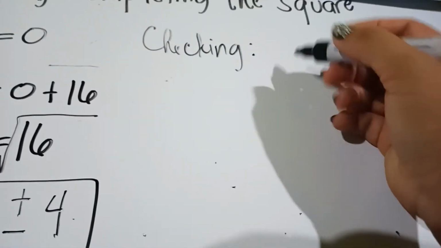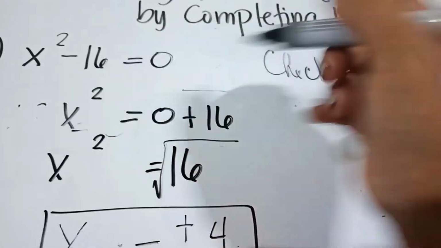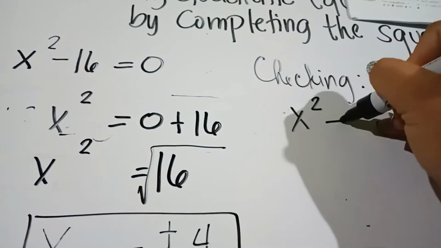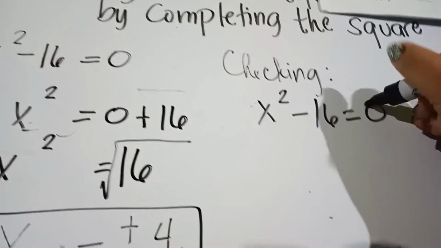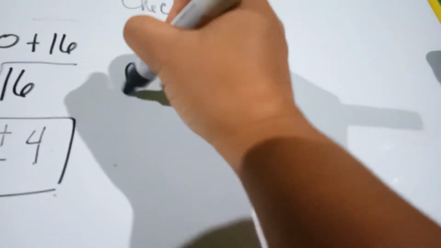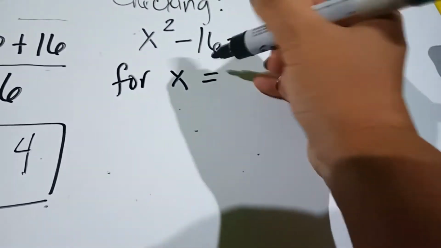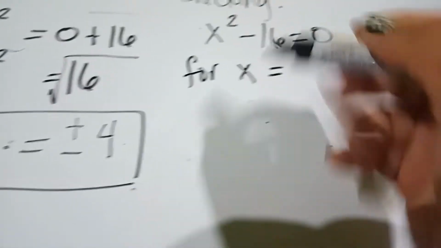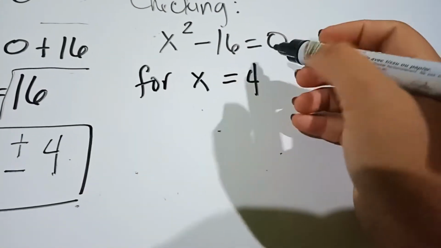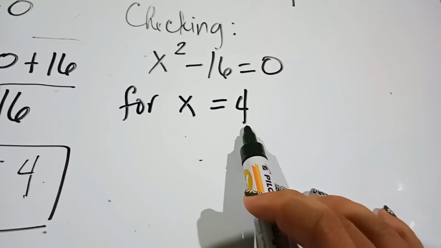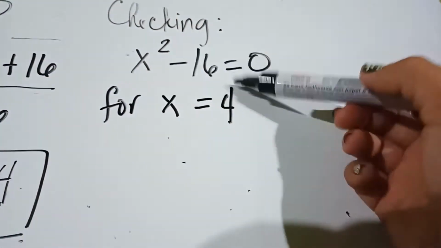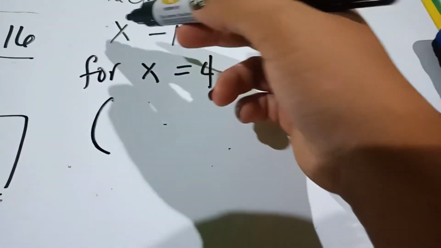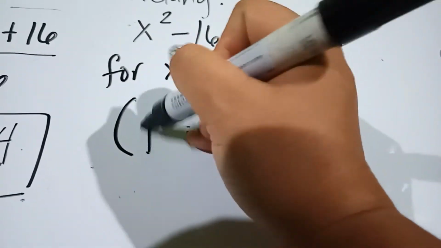So, checking natin, ang ating given is x squared minus 16 is equal to 0. So, first, x is equal to positive 4. Okay, so we are going to substitute positive 4 sa x natin. So, instead of x, papalitan natin ng 4.